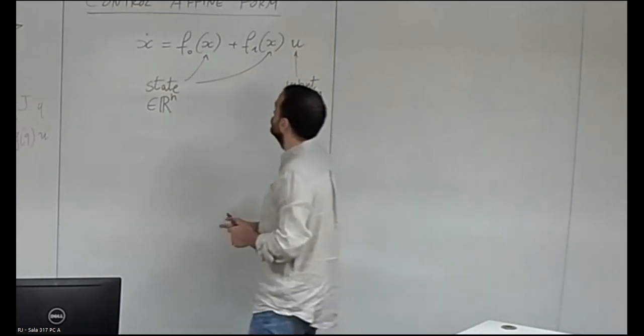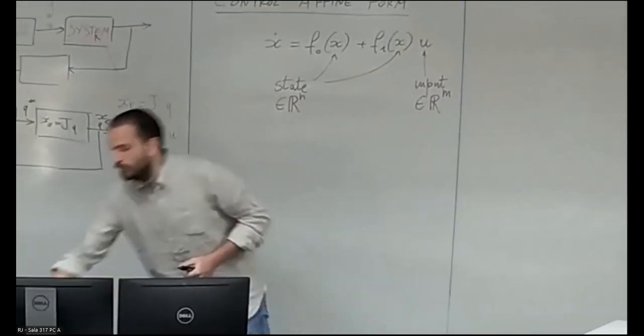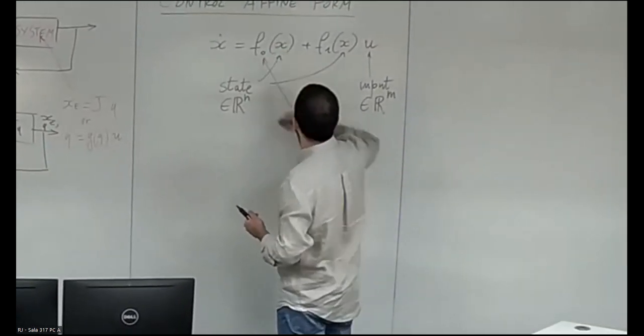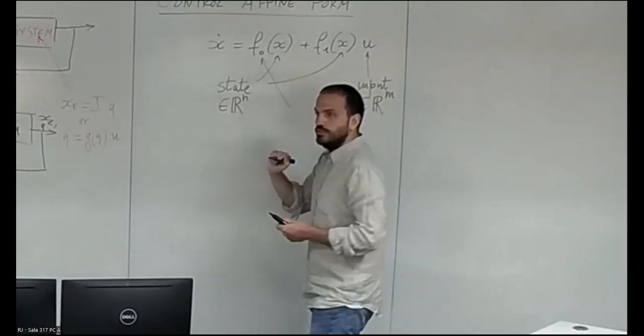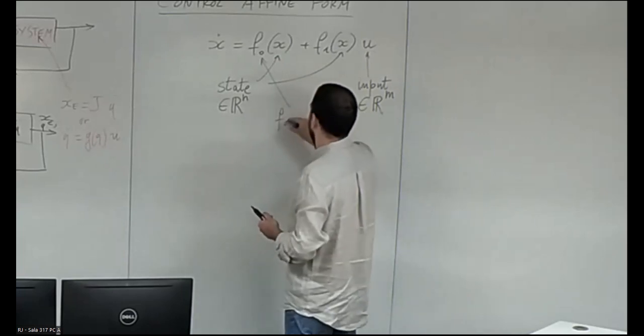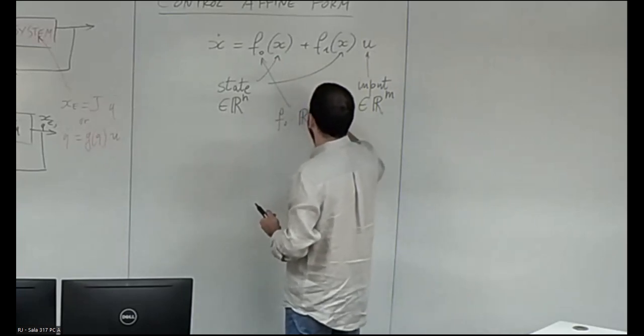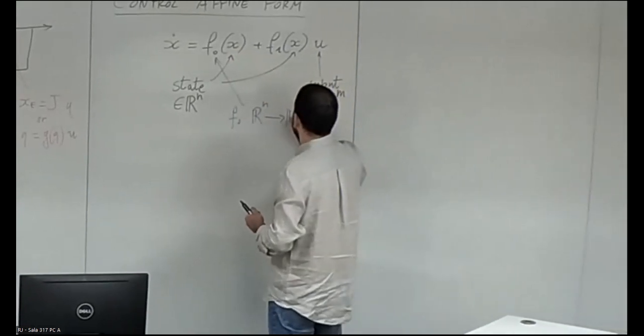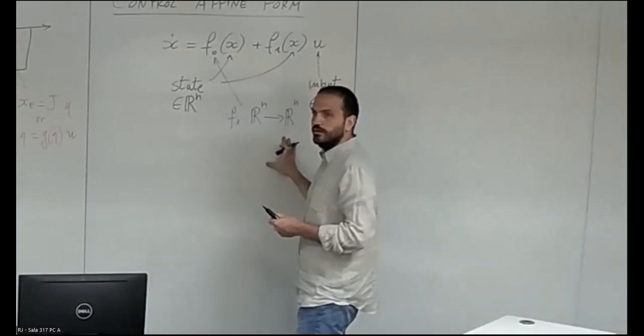And then we have f0 and f1, which are two functions. f0 is a function that takes x in R^n and gives as an output a vector in R^n.